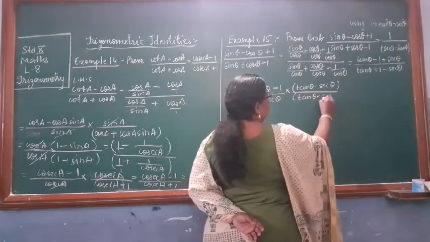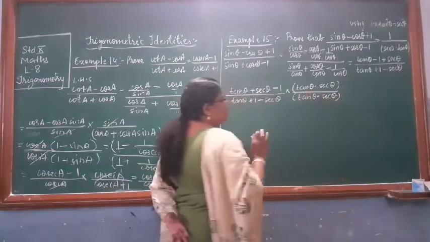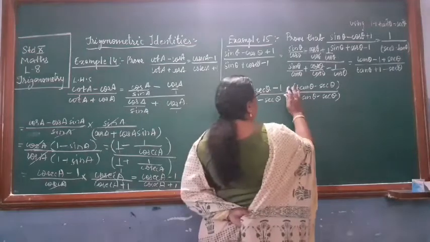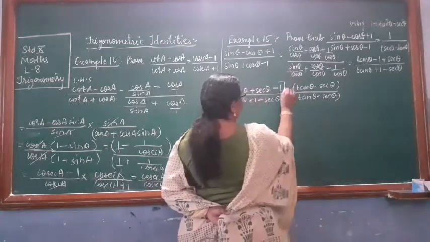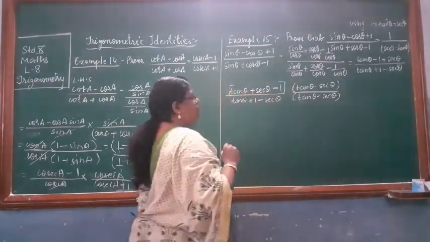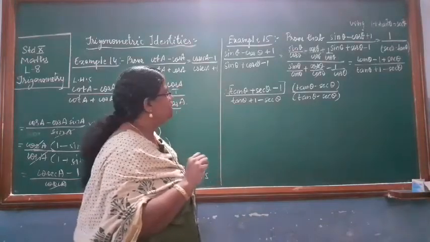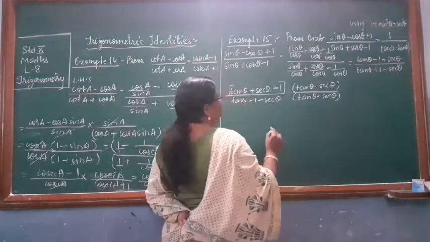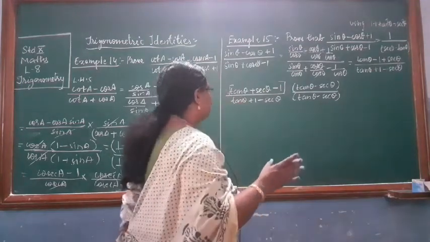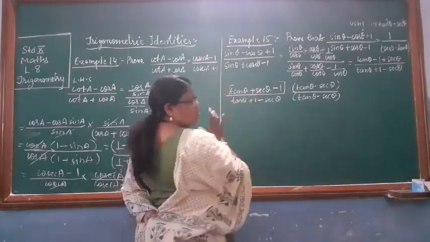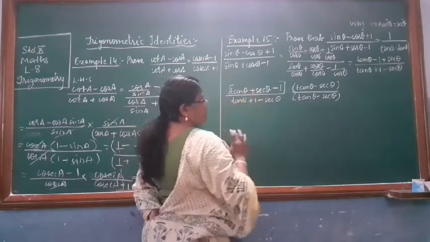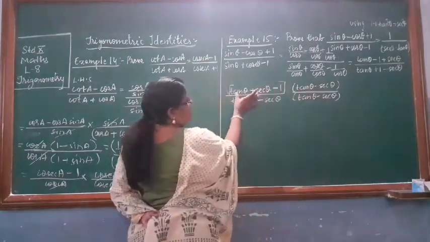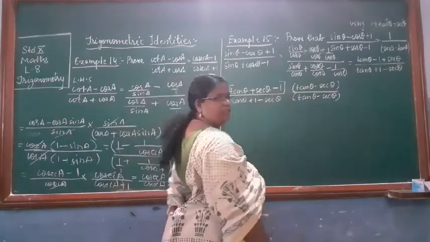We have not changed anything, we have just multiplied the numerator and denominator by tan theta minus sec theta. Now what you do? You take these two terms together, that is tan theta plus sec theta, multiply tan theta minus sec theta with this and also with 1.